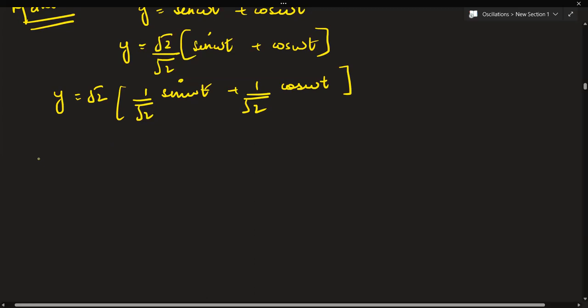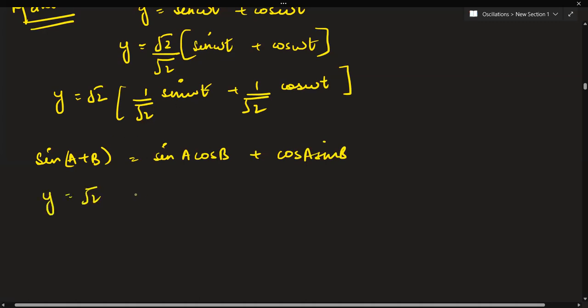In order to use the identity sine of a plus b is equal to sine a cos b plus cos a sine b, I can write 1 by root 2 as cos pi by 4, because cos pi by 4 is 1 by root 2 only. So this way I'll be forming this identity, and it will get concise.